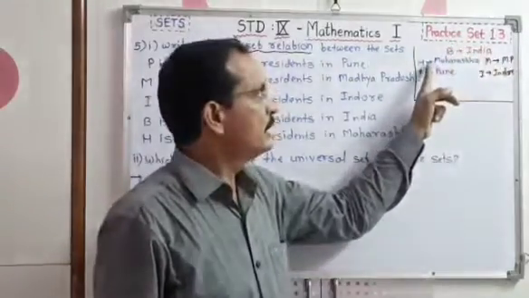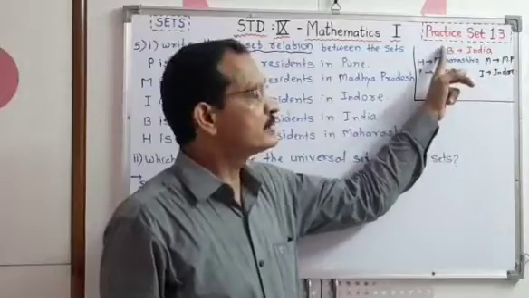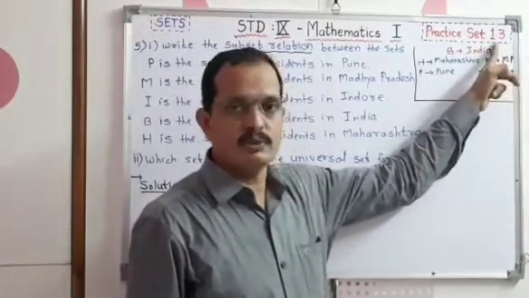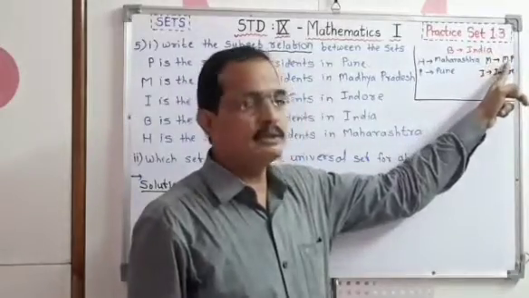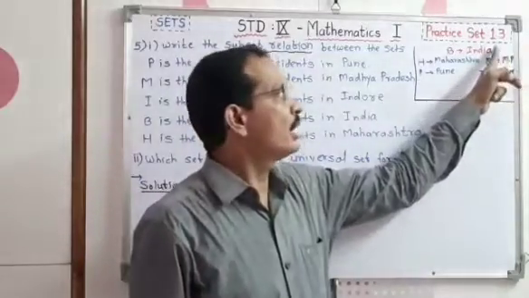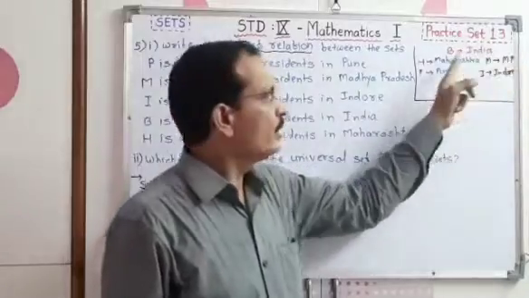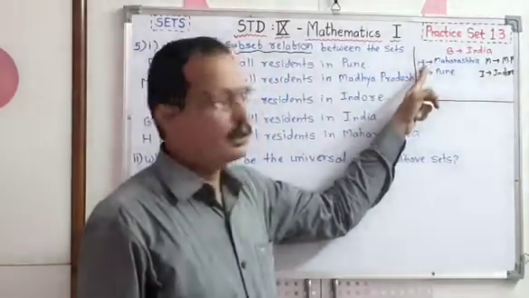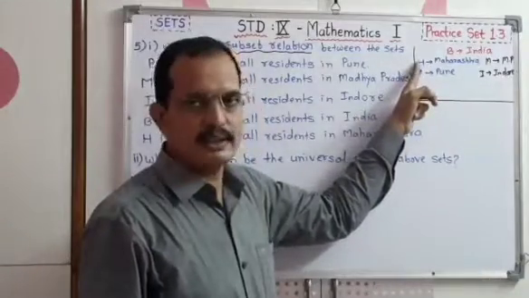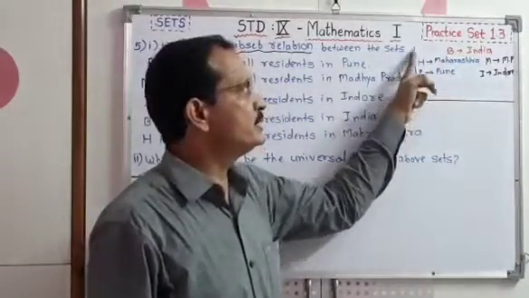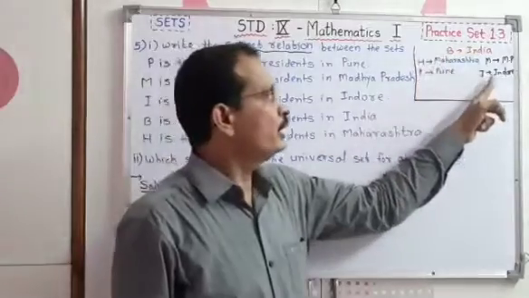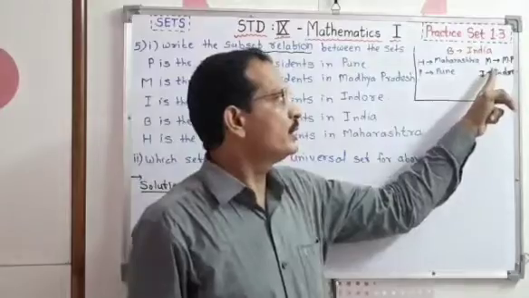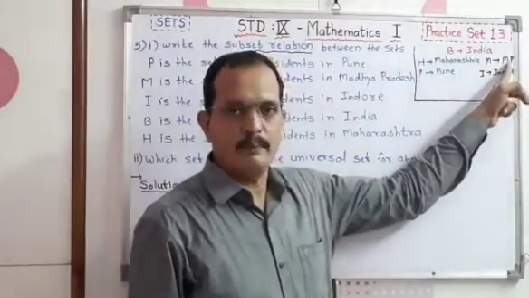That means Maharashtra is a subset of India. Then M, the residents of Madhya Pradesh, is a subset of B. Then Pune lies in the state of Maharashtra, therefore P is a subset of H, as well as P is a subset of B. Then Indore is from Madhya Pradesh state, therefore I is a subset of M.